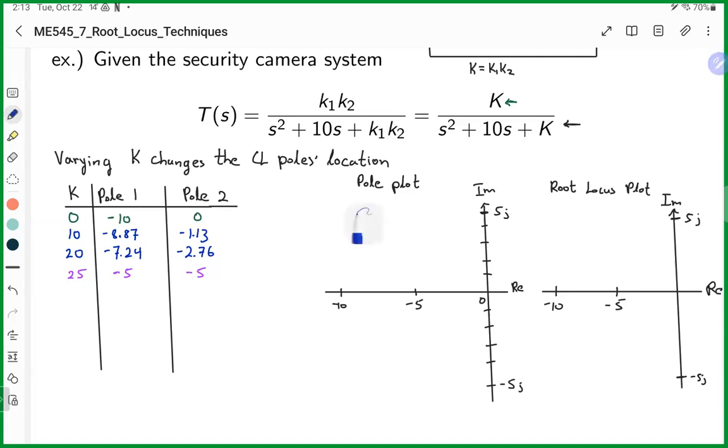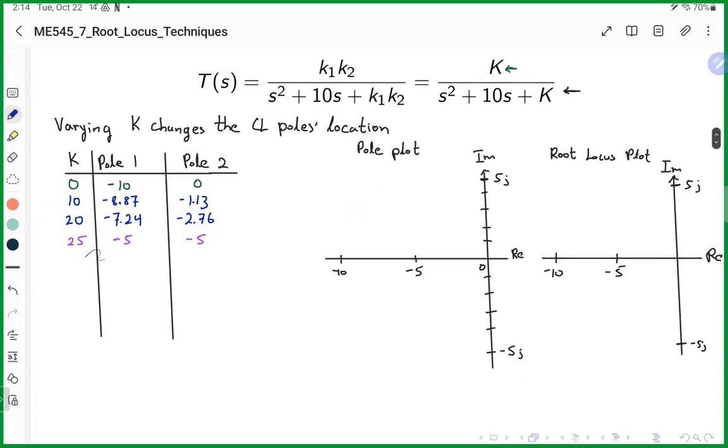And now if we keep increasing it, say a gain of 30, we get -5 plus 2.24j and -5 minus 2.24j. So we now have complex conjugate poles. And if I go to 50 now, we get -5 plus 5j and -5 minus 5j.